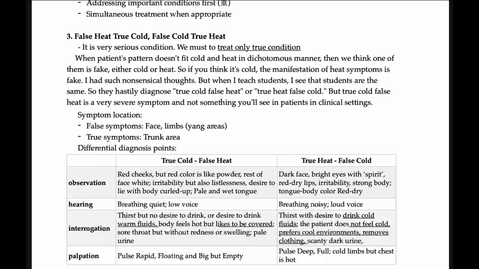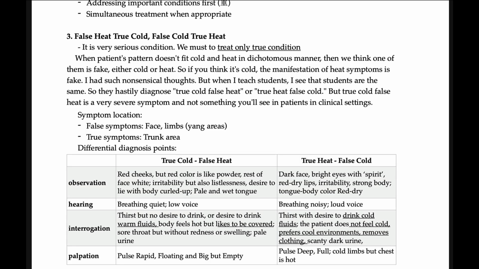When a patient's pattern does not fit into the dichotomous categories of cold and heat, one of the patterns may be false. Main characteristics: false symptoms often appear in the face or limbs, yang areas. True symptoms are typically found in the trunk area. For example, extreme heat damaging yang may manifest as false cold symptoms, while extreme cold constraining yin may present as false heat.